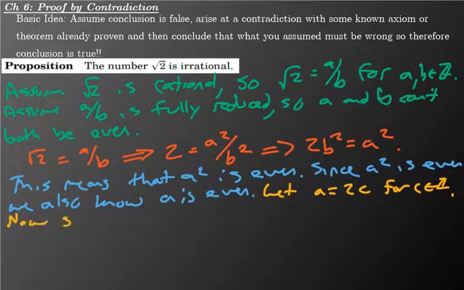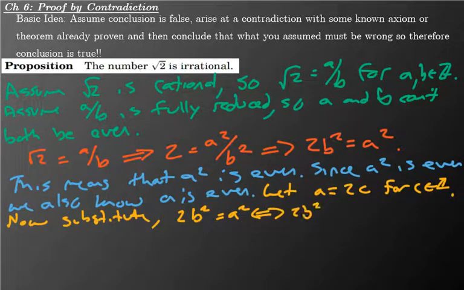Now substitute. We're going to go back to that red line, specifically the n part. We're going to say 2b squared, which equals a squared, is equivalent to 2b squared equals 4c squared, which is equivalent to, if I divide both sides by 2, b squared equals 2c squared.